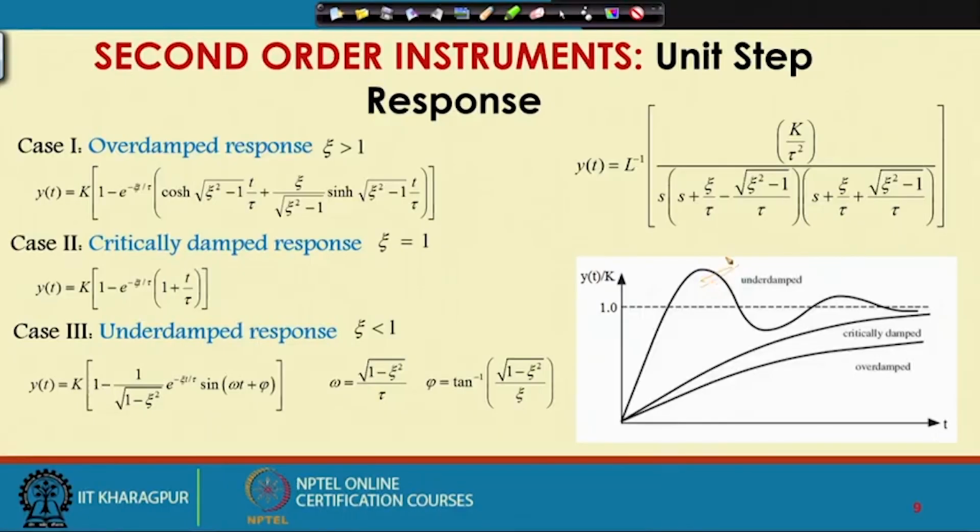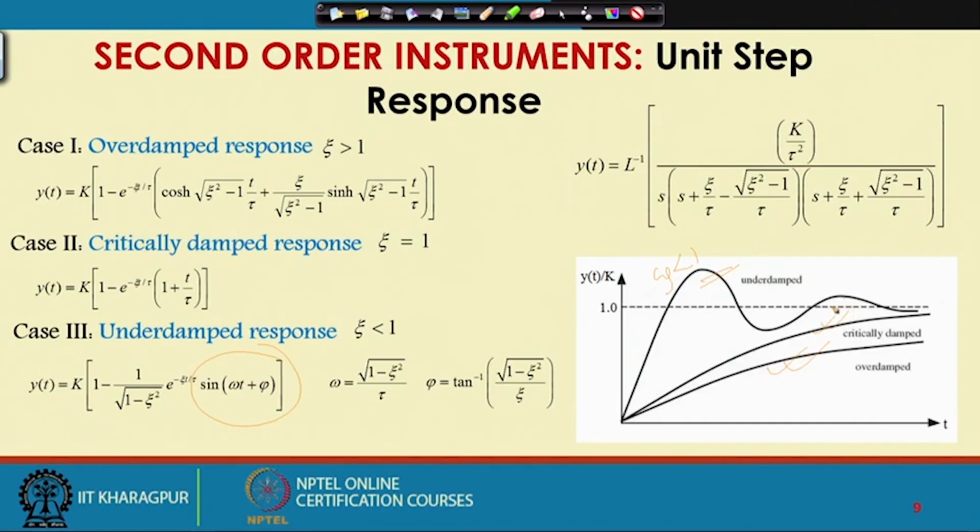This is underdamped response. See, there are sustained oscillations because you have the sine function there. So, here zeta value is less than 1. So, you will have oscillations, the response will oscillate. For overdamped, you will get this response, and for critically damped, you will get this.